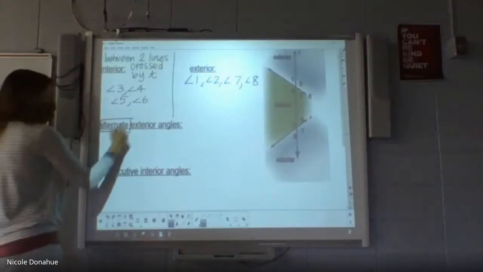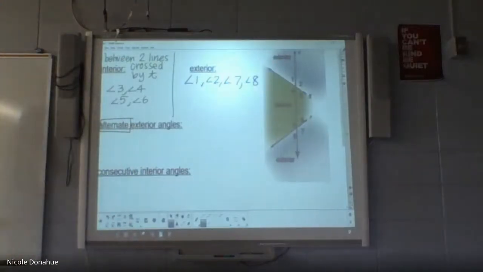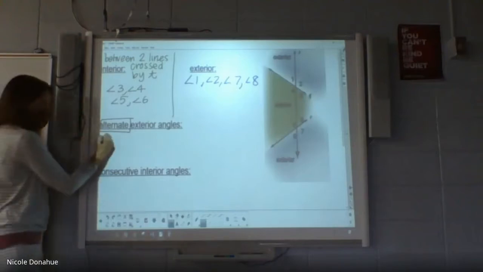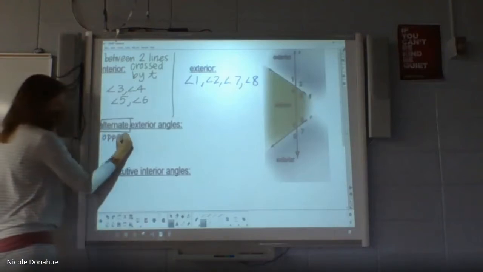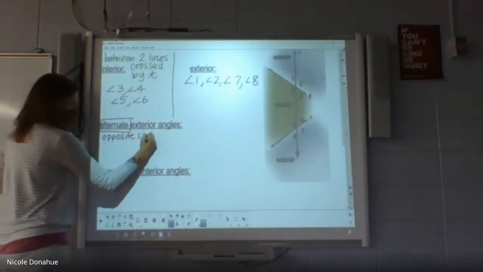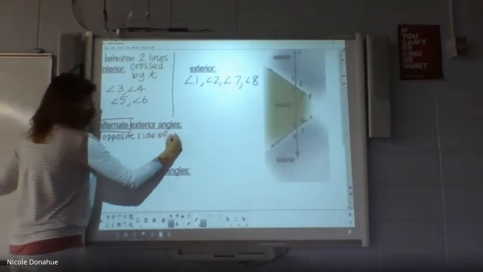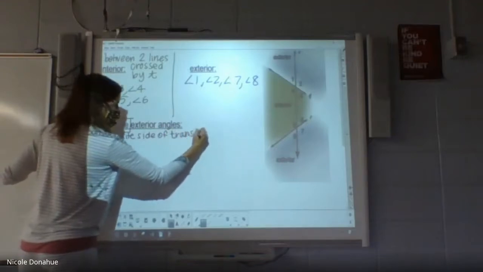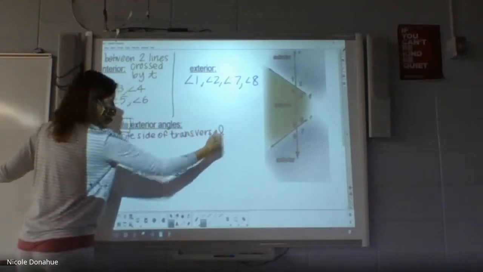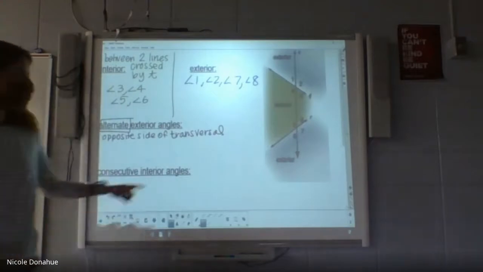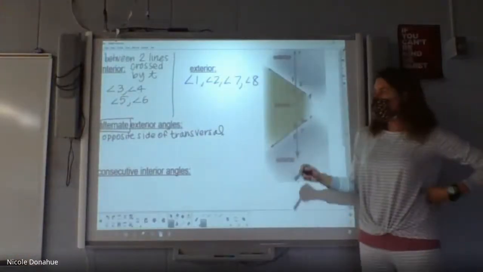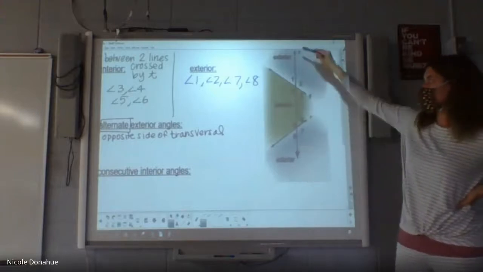So alternate exterior angles are on the opposite sides of the transversal, but also the opposite intersection.